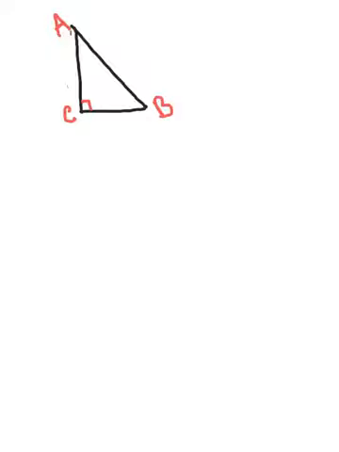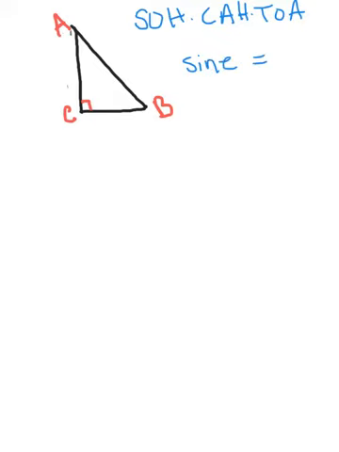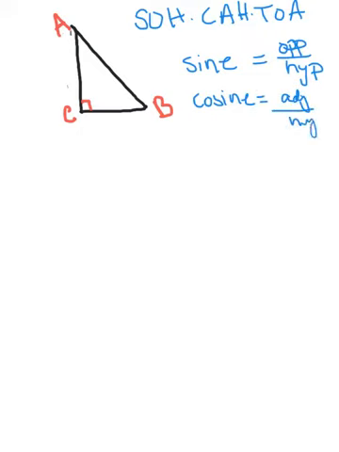This time we're going to use sine and cosine, and if you remember from the real world video you watched, they had stated something called SOHCAHTOA, where sine equals opposite over hypotenuse, cosine was adjacent over hypotenuse, and tangent was opposite over adjacent.